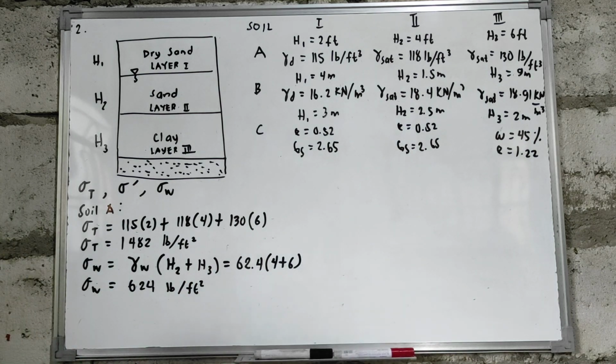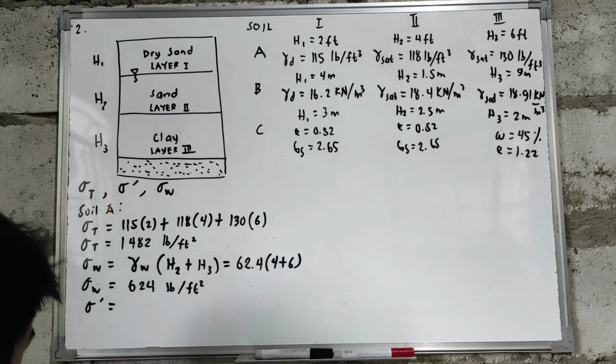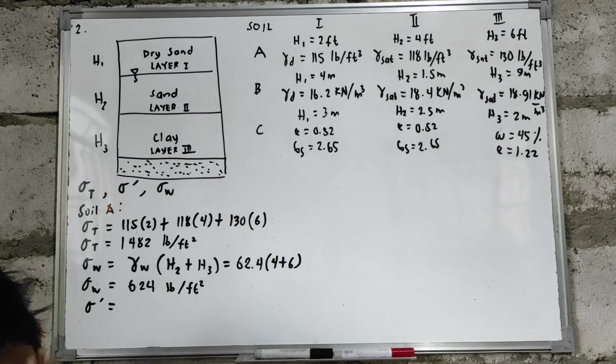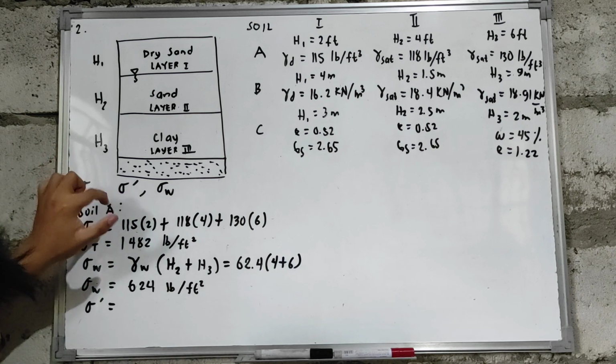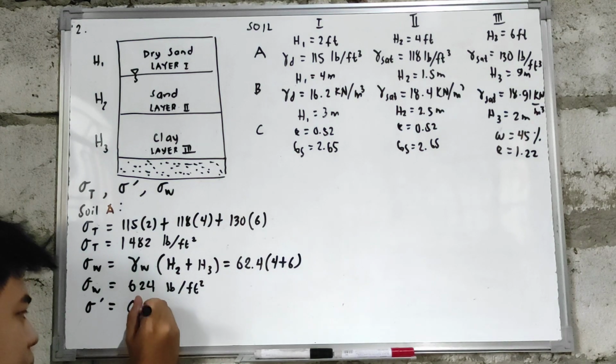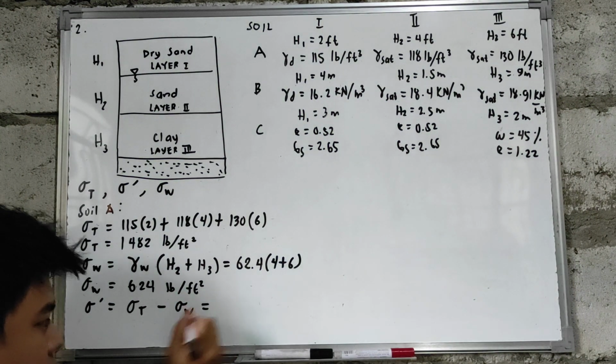So, sunod naman, paano naman natin hahanapin yung effective pressure? So, dealing with the total stress, okay lang na may tubig yung lupa. Kapag naman sa effective stress o yung sigma prime natin, dapat mawala yung tubig. So, for this, gagawin lang natin, we have sigma T minus yung sigma W natin.